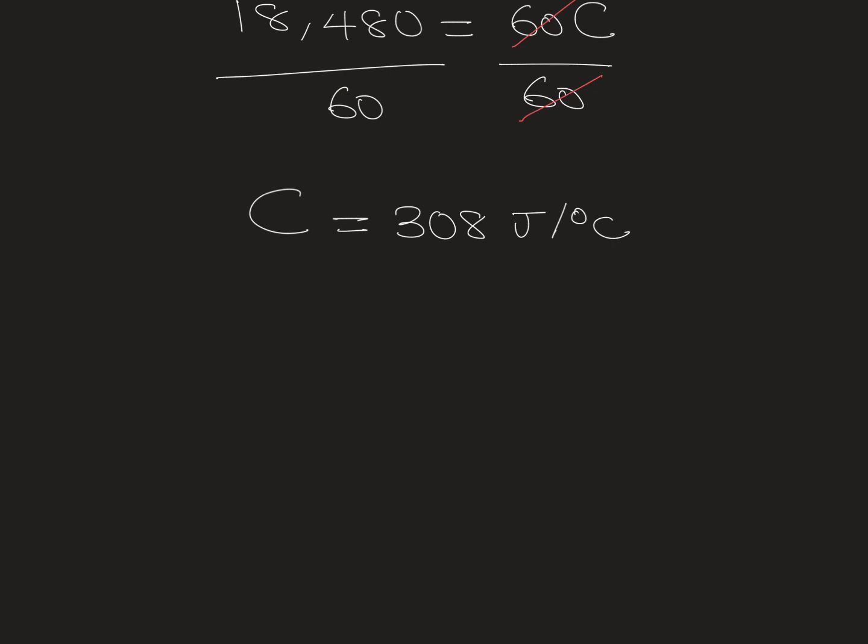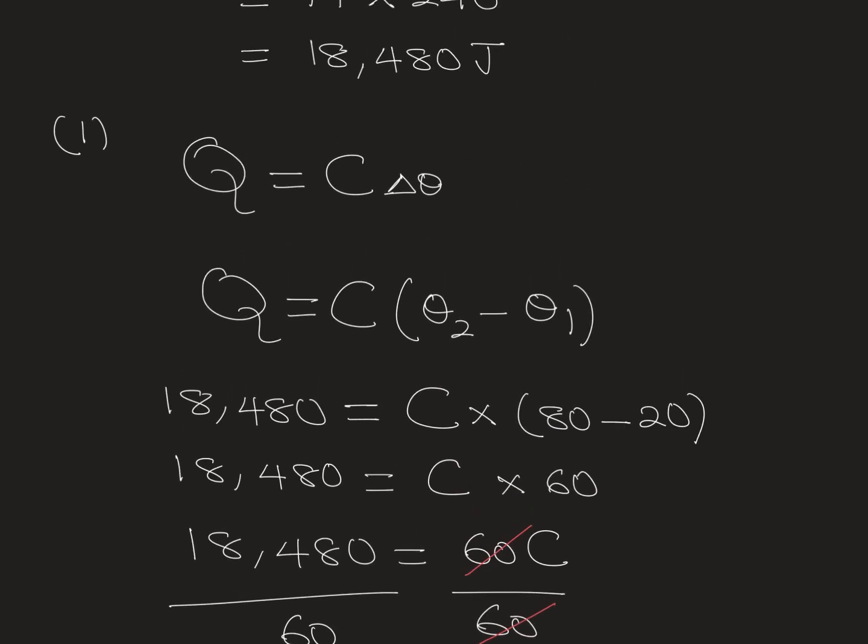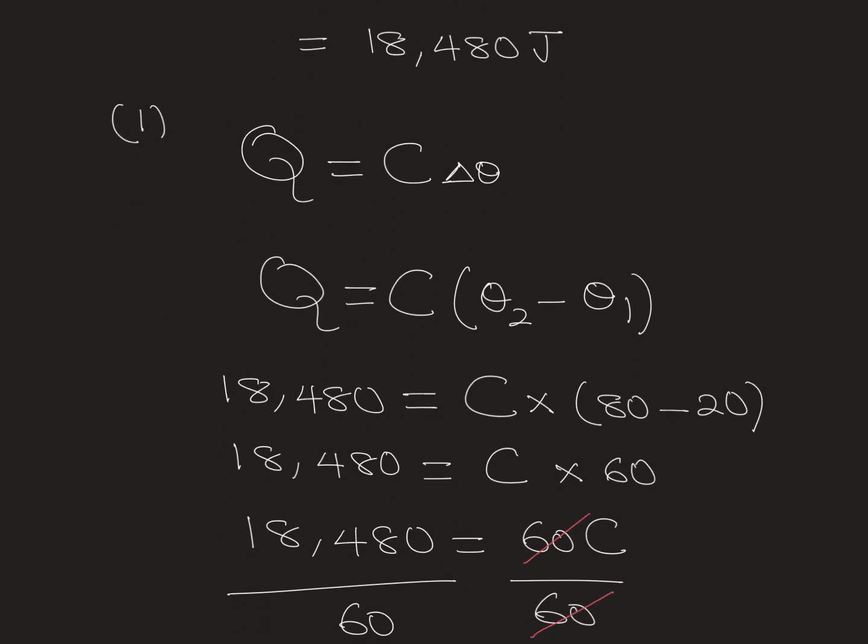So moving on to the second question, I can use the heat capacity is equal to the mass times the specific heat capacity to be able to find the specific heat capacity. The heat capacity is 308 joules per degree Celsius. So this is equal to the mass given in the question, which is 0.8 kilograms.